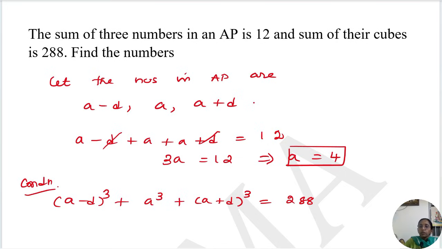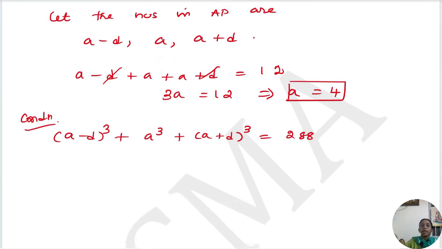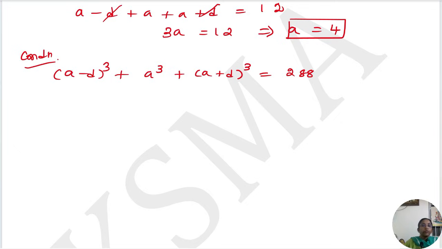Now we are going to use our (A plus B) the whole cube formula and (A minus B) the whole cube formula. And again we are going to supply our A value is equal to 4. So (4 minus D) cube plus 4 cube plus (4 plus D) the whole cube is equal to 288.